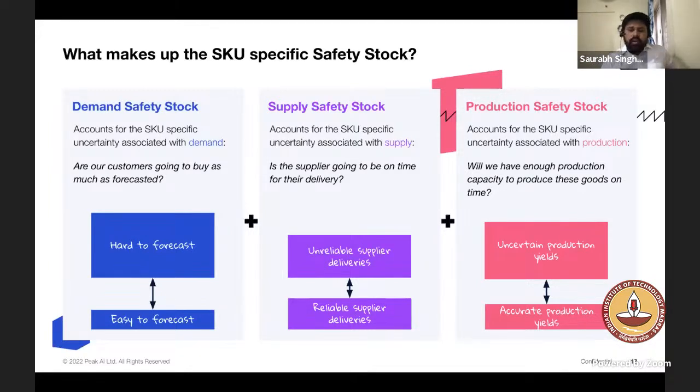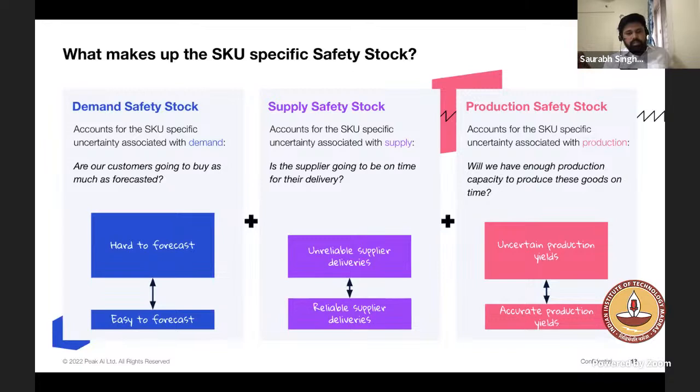Similarly, coming to the production side safety stock, that essentially caters to the question: will we have enough production capacity to produce these goods on time? Which means your production yields may be uncertain for any reason, maybe your plant goes dysfunctional every now and then, or machines are old. Your staff may be unpredictable, they can go on strike at any given time without any notification, or there can be some other factors, right?